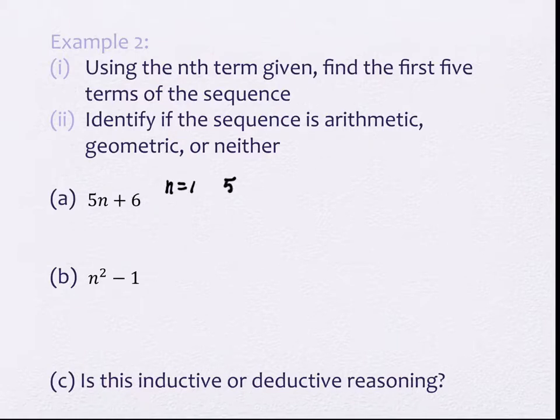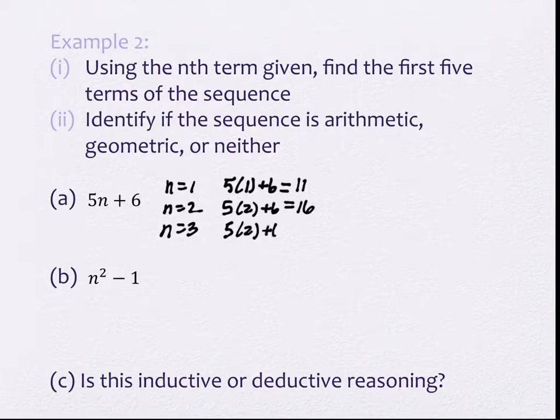If I plug in n equal to 1, I'm going to get 5 times 1 plus 6. What do I get? I get 11. What about n equal to 2? 16. Yep, it's 16. How about n equal to 3? N equal to 4.